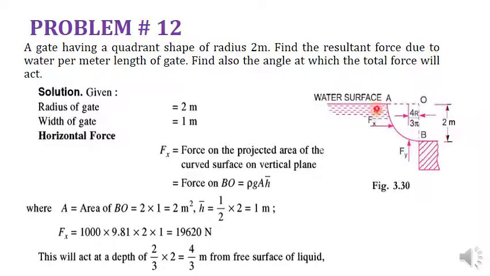Here you can see. So if this is the curved surface, that is on the upstream side, it is going to be submerged in the water. So in this particular case you have the 2 meter depth for this submerged case. So here the water is not on the outer side of this curve, it is on the inner side of this curve.